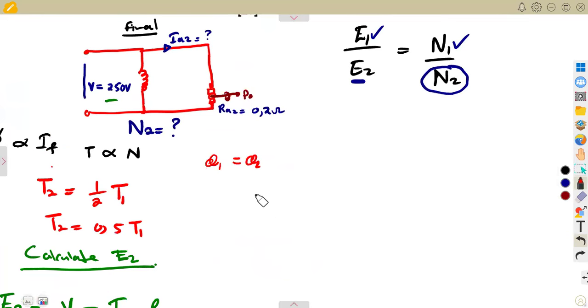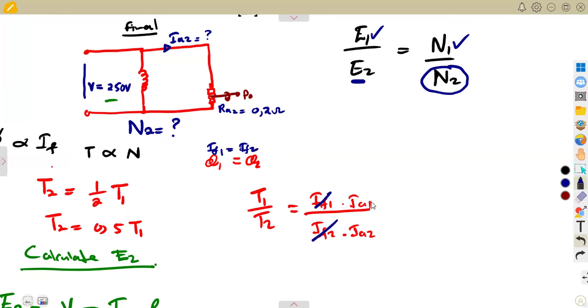Remember, we talked about the torque formula. T1 over T2 is equal to field current 1 times armature current 1 over field current 2 times armature current 2, but there's nothing to be considered about the field. Since the flux 1 is equal to flux 2, it also follows that the field current 1 will be equal to field current 2.